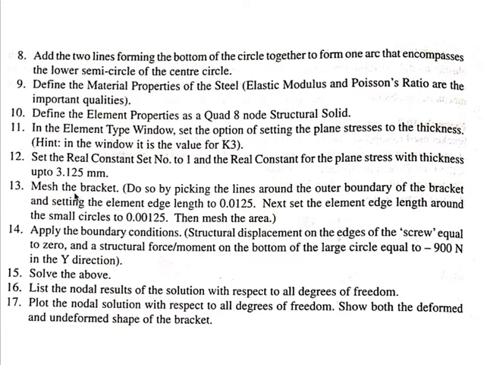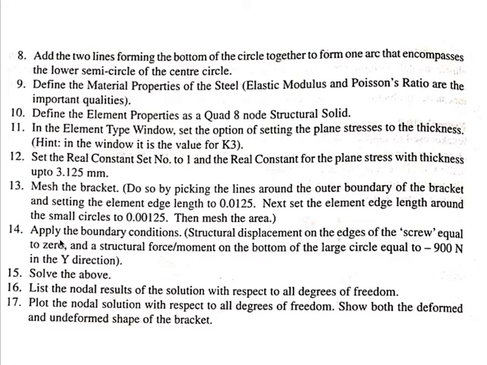Then mesh the bracket, by picking the lines around the outer boundary of the bracket and setting the element edge length to 0.0125, and next set the element edge length around the small circles to 0.00125, then mesh the area.